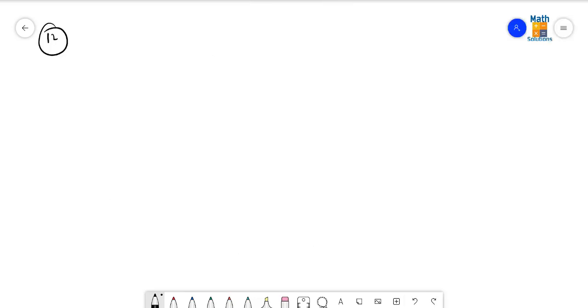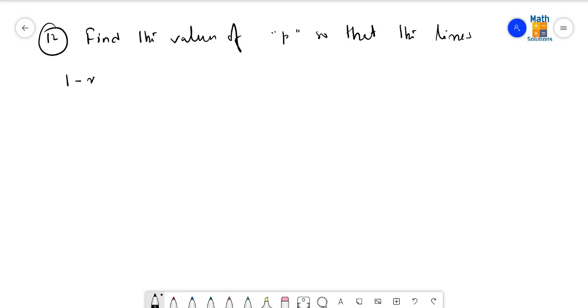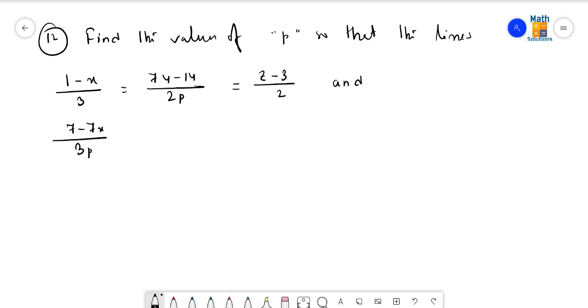Find the values of p so that the lines 1 minus x by 3, that is equal to 7y minus 14 by 2p, then z minus 3 by 2, and 7 minus 7x by 3p, then y minus 5 by 1, then 6 minus z by 5 are at right angles.